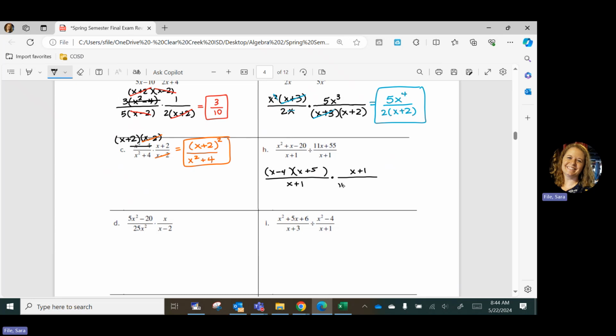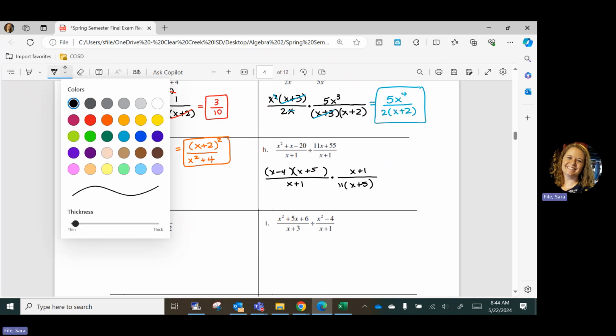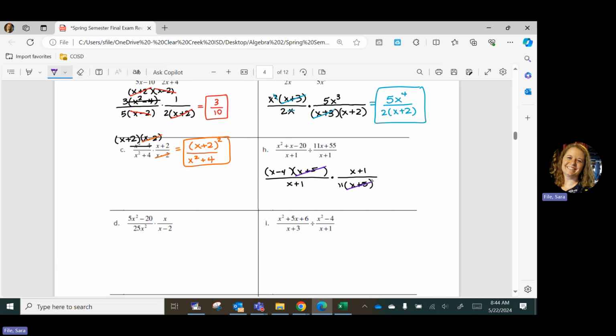And an 11 can be factored out to leave me with x plus 5. So then I see, can I reduce? And I can. I've got x plus 5 in both numerator and denominator, and I've got x plus 1 in both numerator and denominator. So I am simply left with x minus 4 over 11.